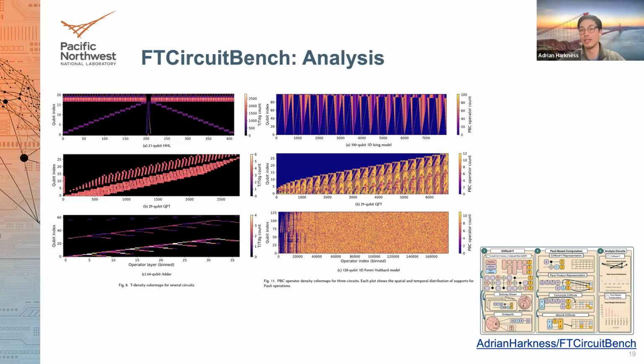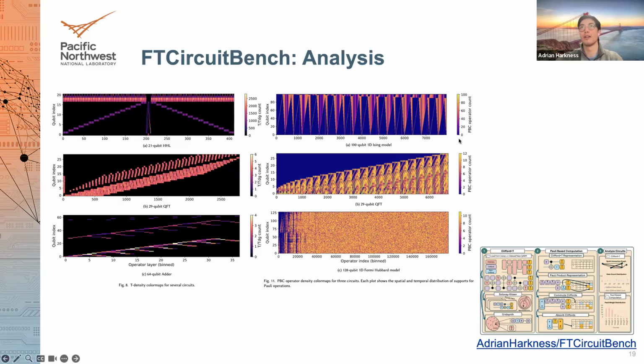What's really interesting is that most of us have learned about quantum computation through the gate-based model, and maybe we find that more intuitive. It is really not intuitive at all what the Pauli weight distribution over space and time will look like for a PBC circuit, even if we know exactly what the Clifford+T or gate-based representation of that circuit is.